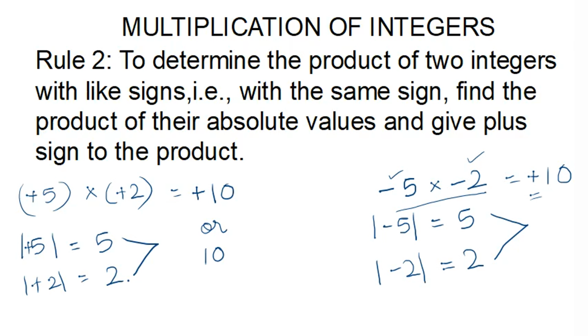So these are the basic two multiplication rules of integers which you must know. There is something called a small rule based on the multiplication rules which we have studied. It's nothing but minus into minus equal to plus, plus into plus equal to plus, plus into minus equal to minus, minus into plus equal to minus.